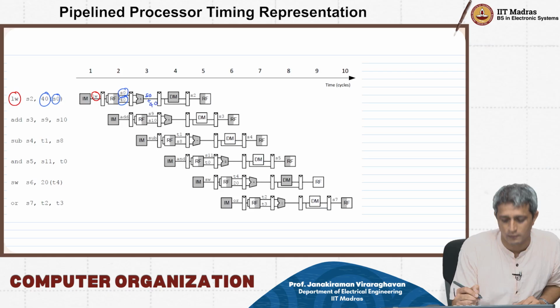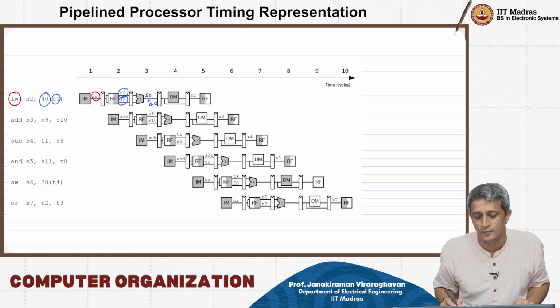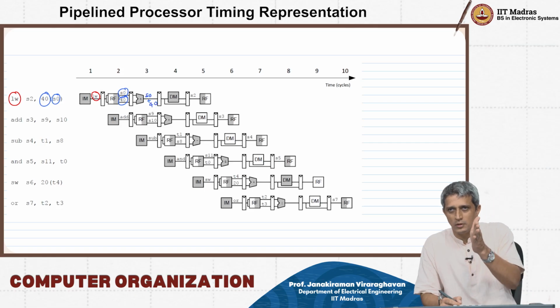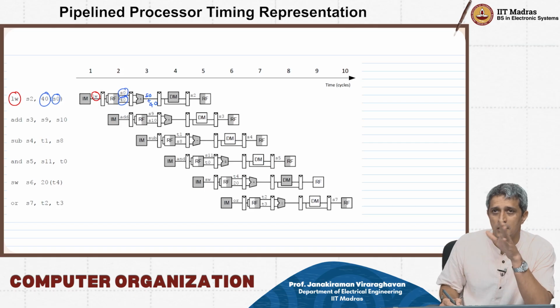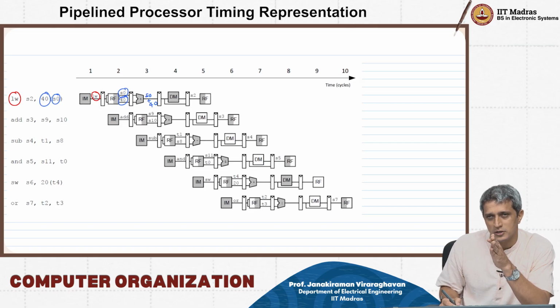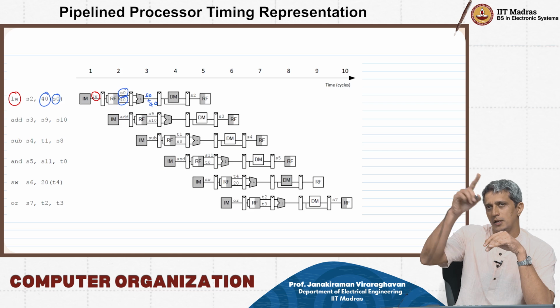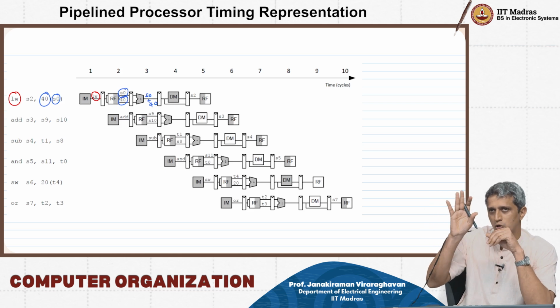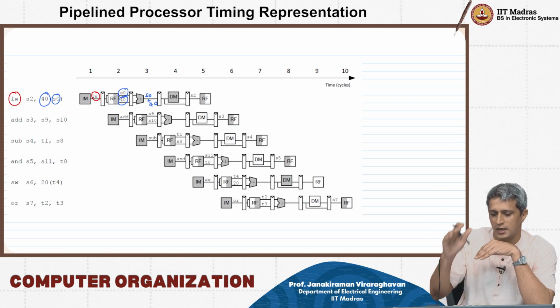When you are done with this stage, you will get this S0 plus 40 result, and then you give it to another flip-flop. In the next clock cycle, the 4th clock cycle, that is going to be given to the address of the data memory. The control signal has also got to fire correctly, so that you read in that clock cycle.